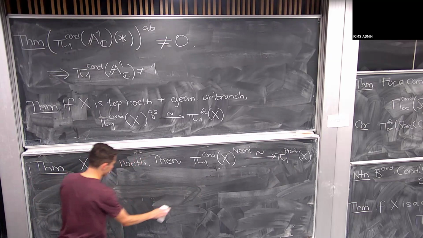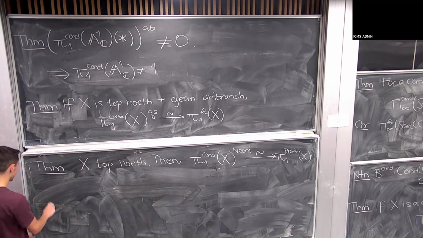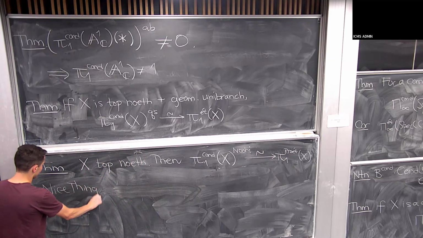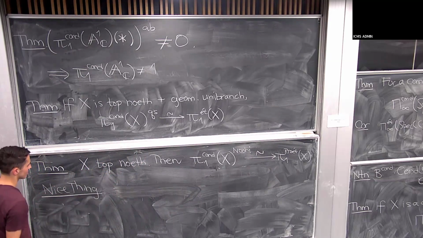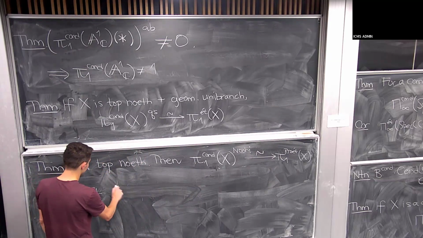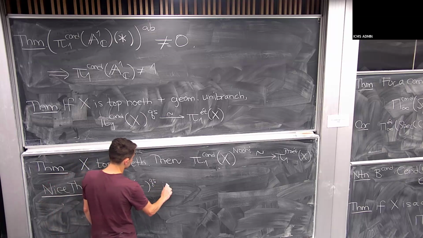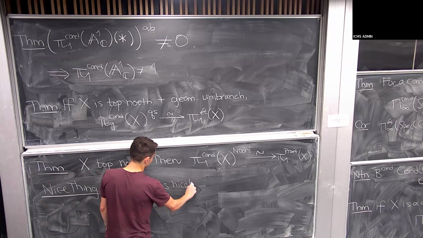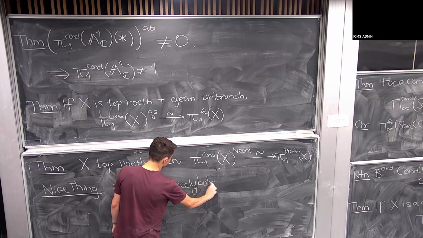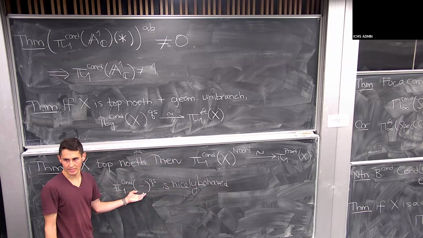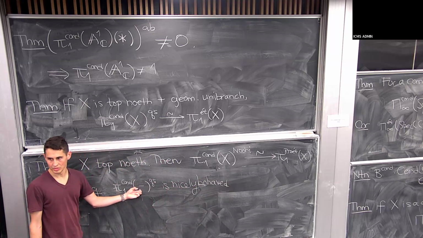or some kind of upshot. The other nice thing that we show in the paper, but it's too long to talk about in one talk, is that this pi1 cond is nicely behaved, and we can actually analyze it. We prove a Van Kampen formula and a Künneth theorem.